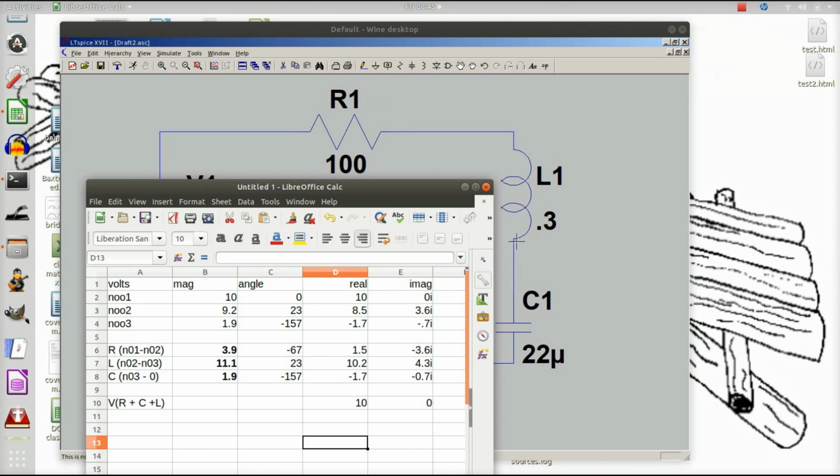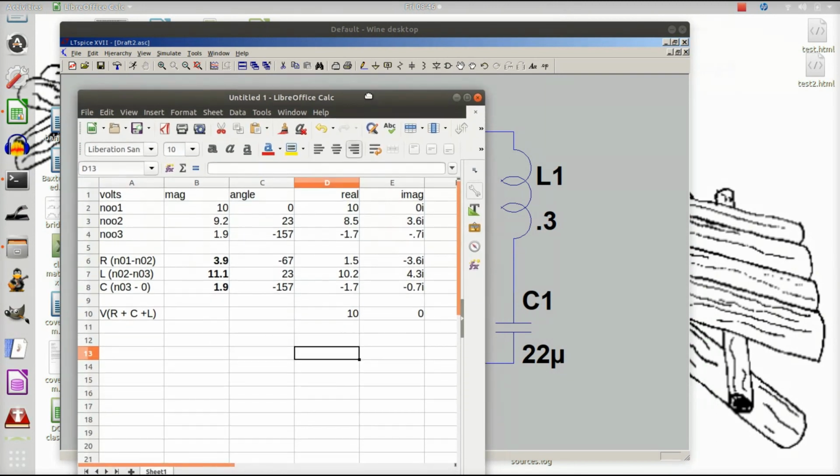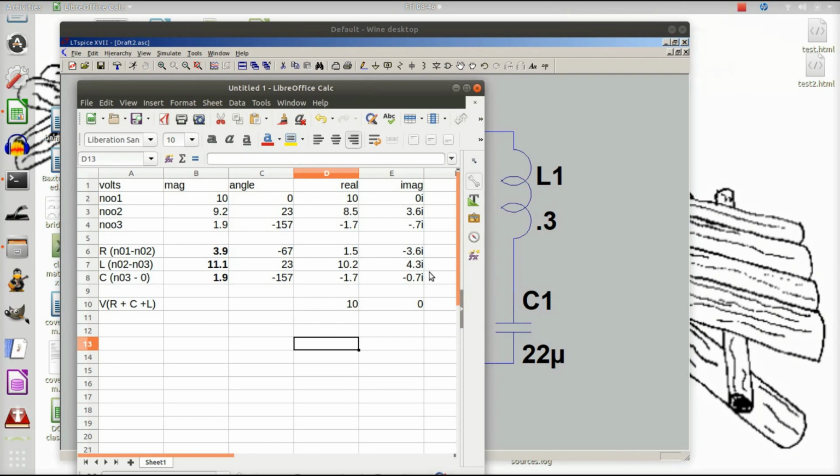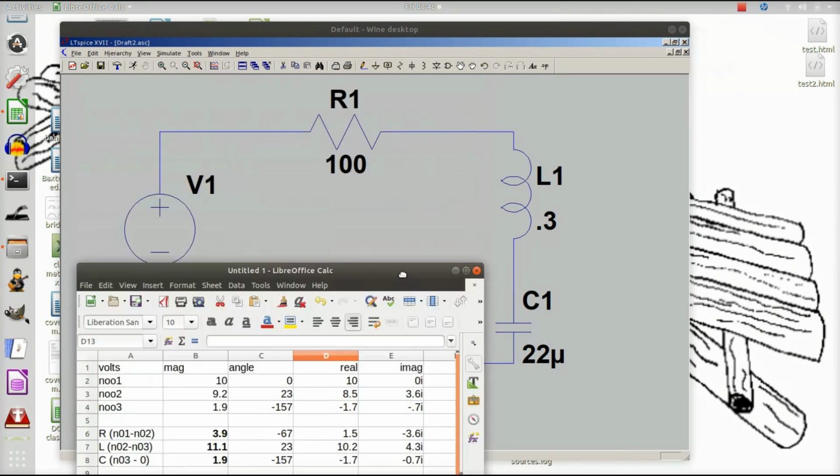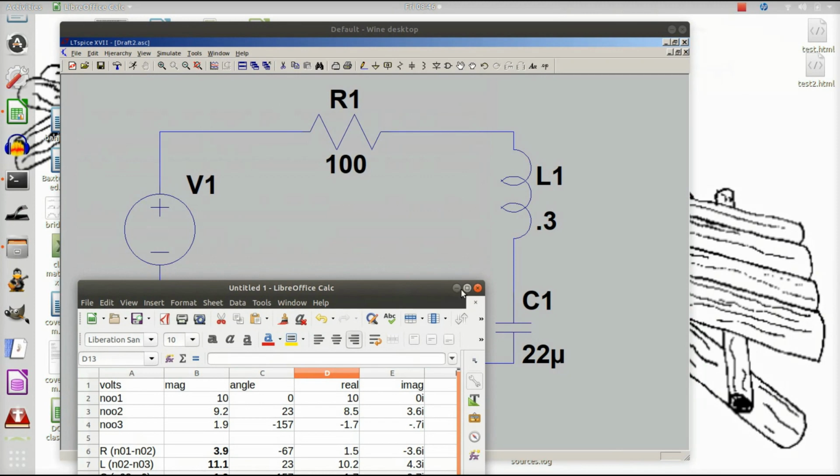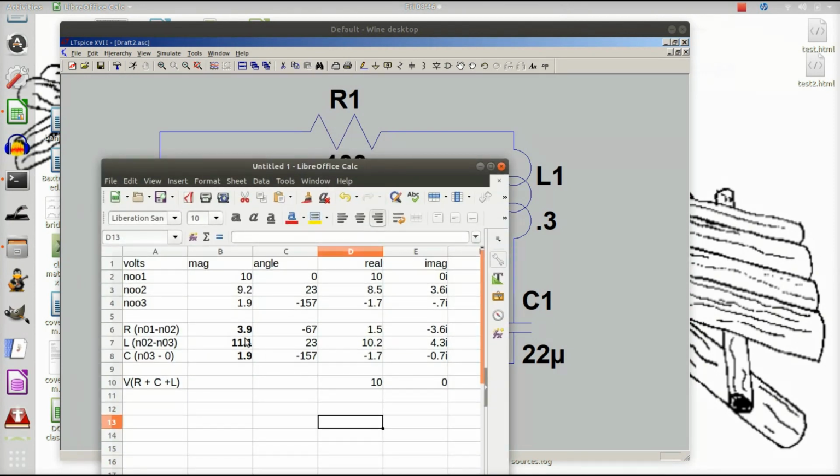So my voltage across my inductor, 10 volts in, all those voltage drops, and if you add them up rectangularly, 1.5 minus 3.6i plus 10.2 plus 4.3i, and minus 1.7 minus 0.7i, you get to 10, 0, which is the applied voltage.